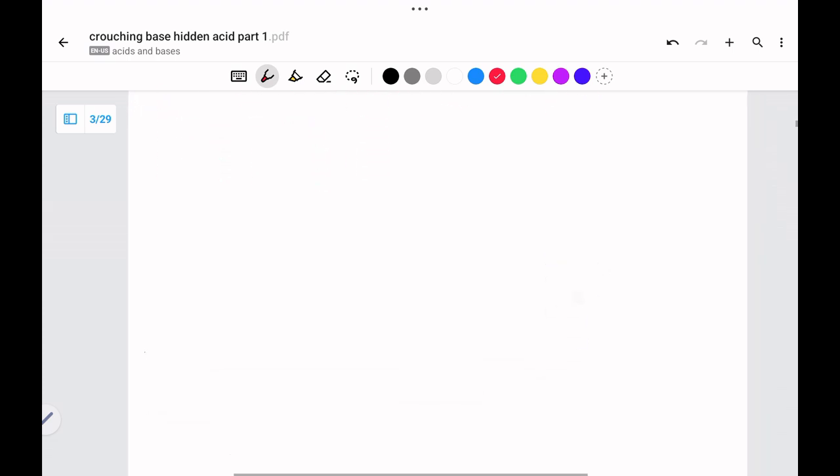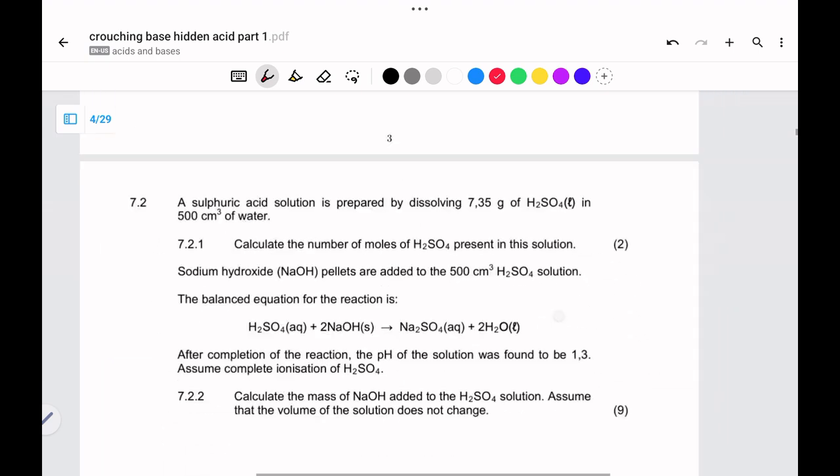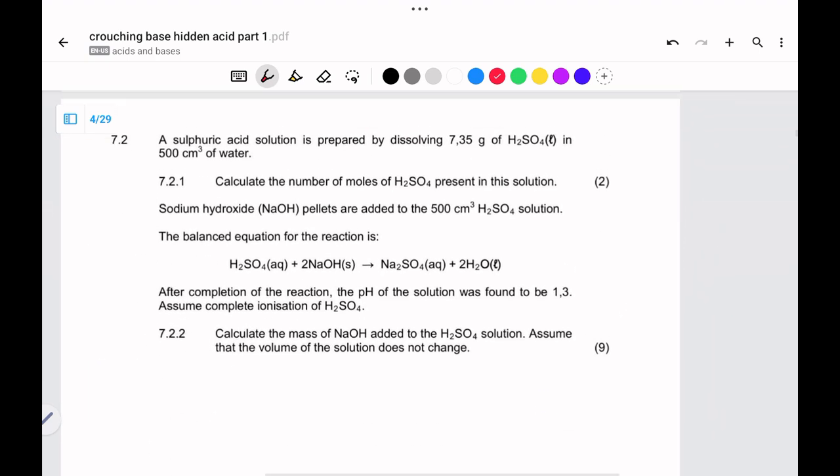Right, let's move on to the second problem. A sulfuric acid solution is prepared by dissolving 7.35 grams of H2SO4 liquid in 500 cubic centimeters of water. We have a 2 marker and then a 9 marker.